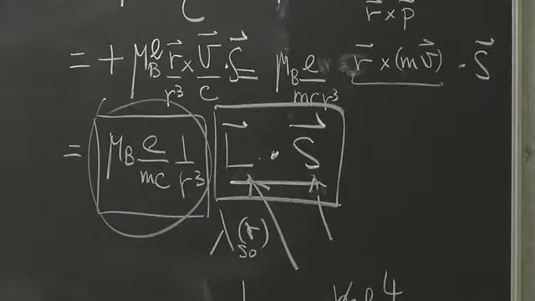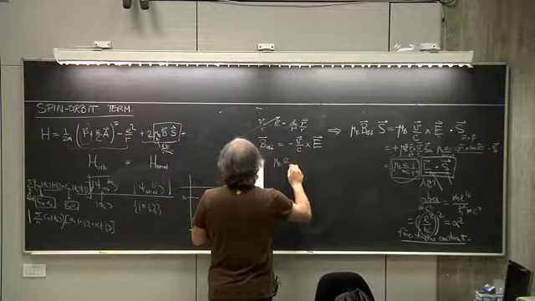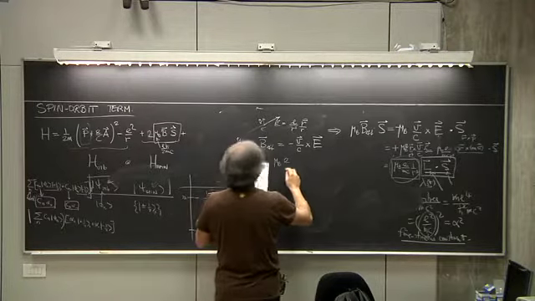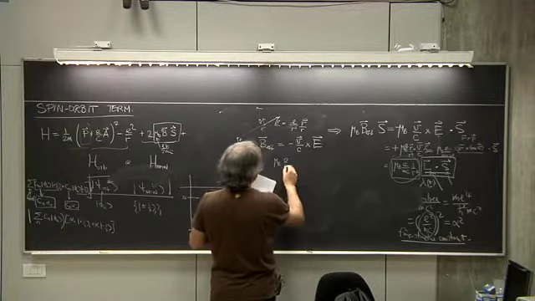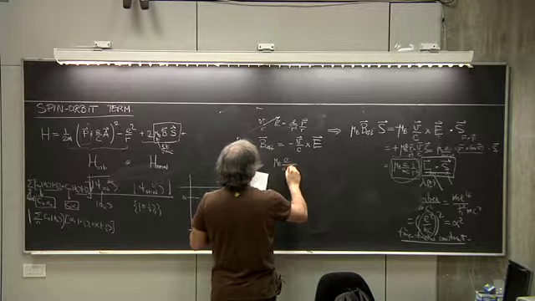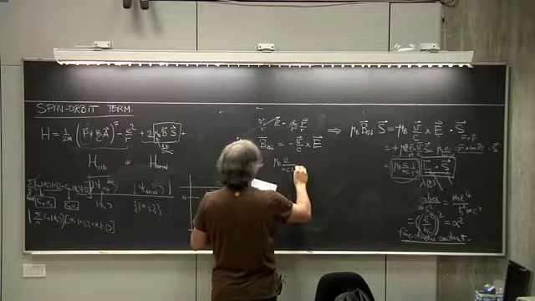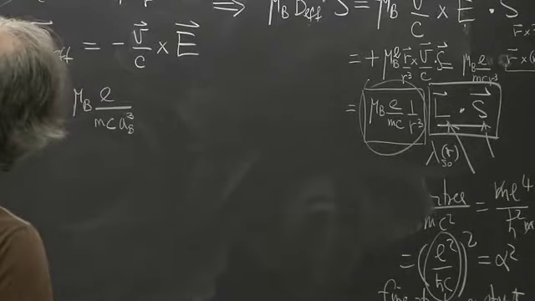So this would be mu B, the energy, the electron charge divided by mc, the Bohr radius cubed.